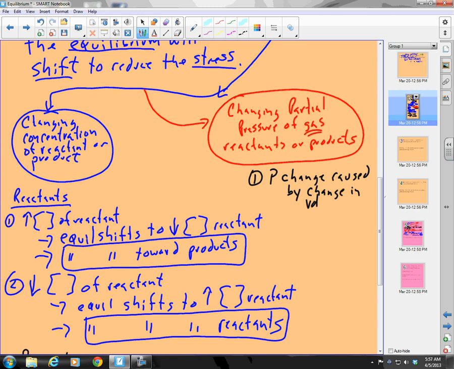So we're just going to focus on a pressure change caused by the change in volume. Good. Number two, this only applies to gases. It doesn't affect liquids or solids. So we only look at the gases that are in our reaction when we try to solve this.